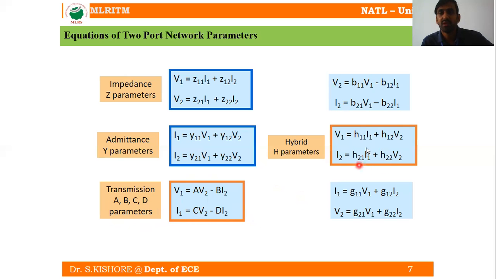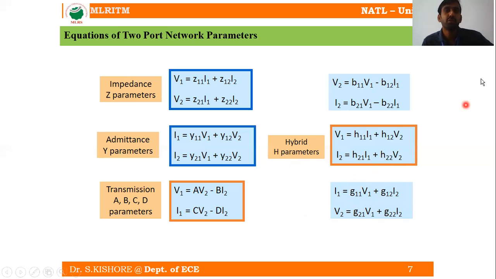Coming to the hybrid, H11, H12, H21 and H22 are the coefficients of the independent variables, and these are our hybrid parameters. And coming to the G parameters, the coefficients of the independent variables are G11, G12, G21 and G22. So these are nothing but your G parameters.